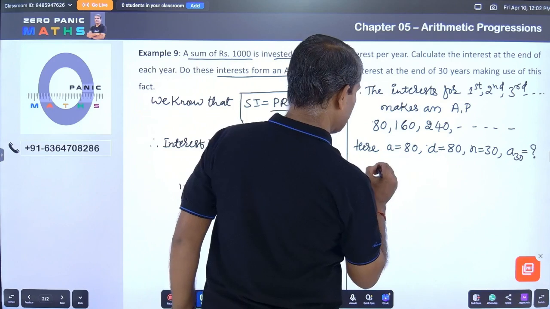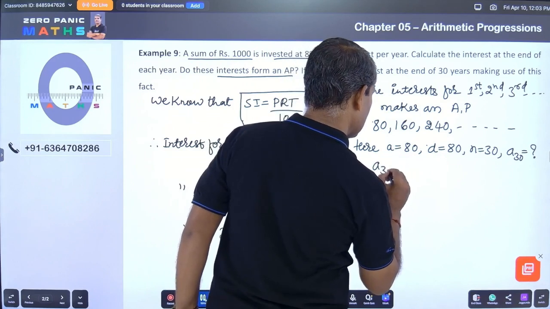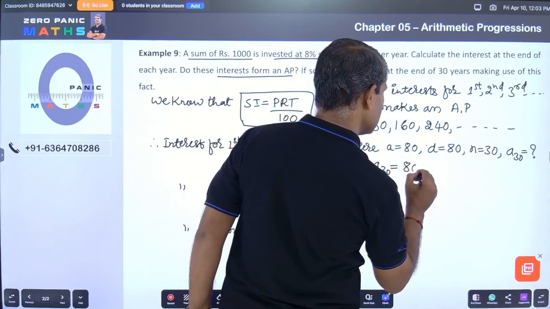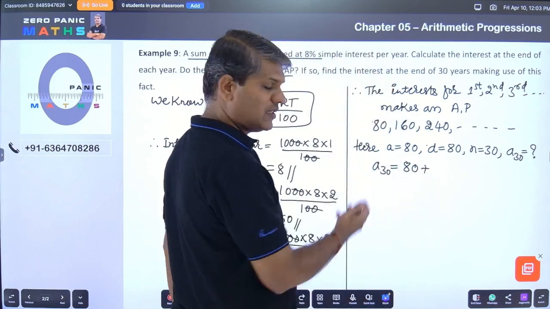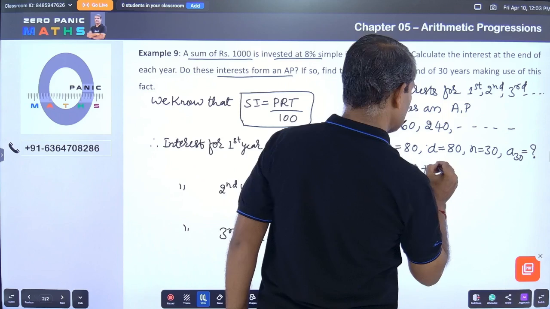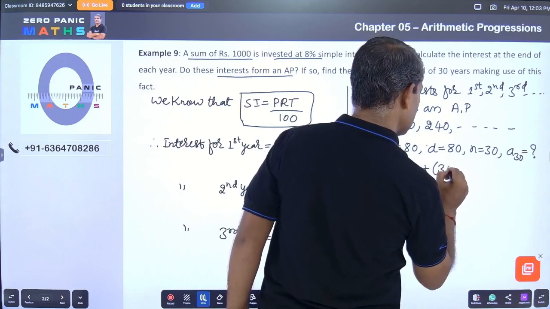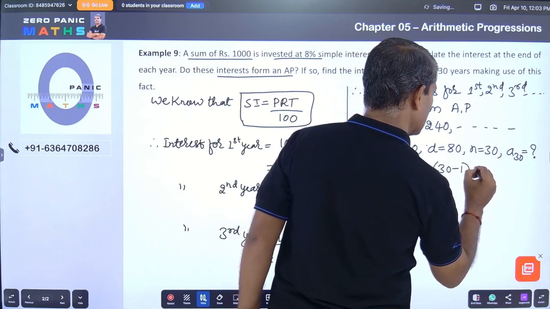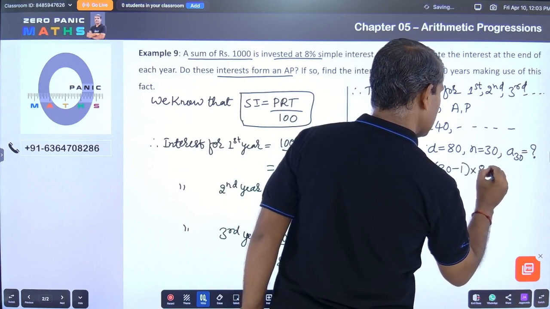So let us find out A30, which is equal to A plus N minus 1 into D. Here A is 80, N is 30, and D is again 80.